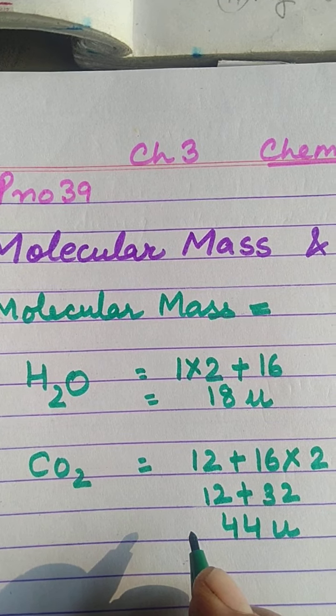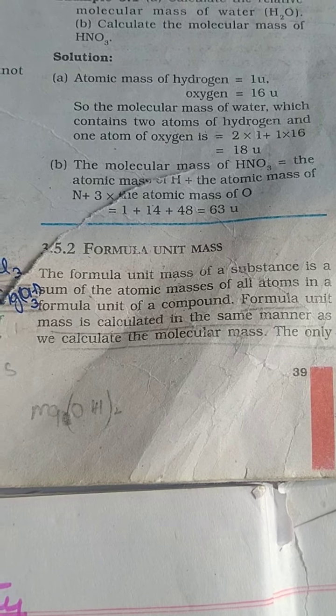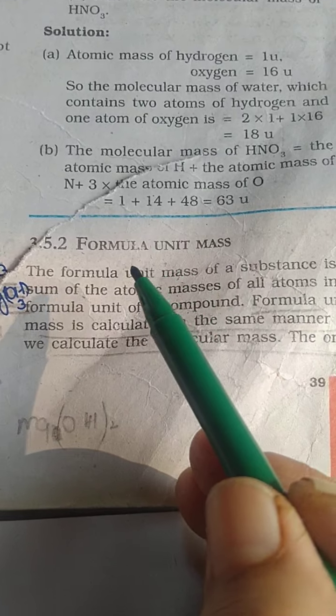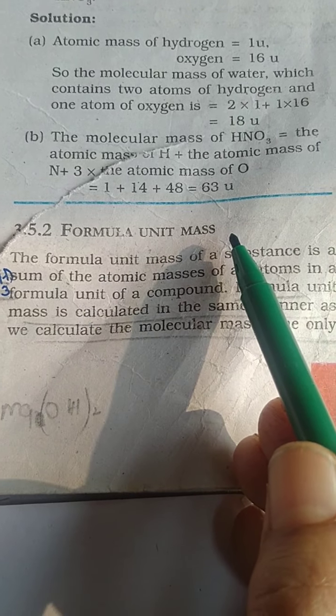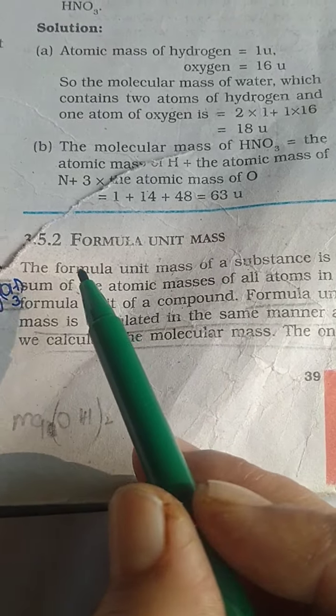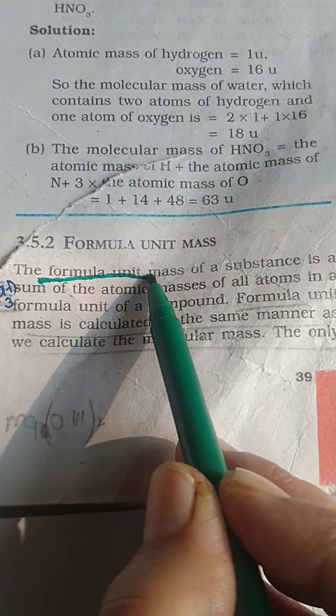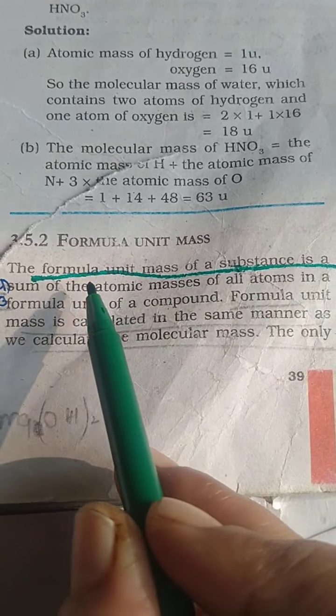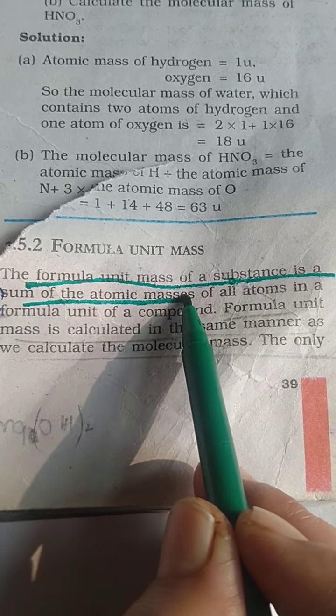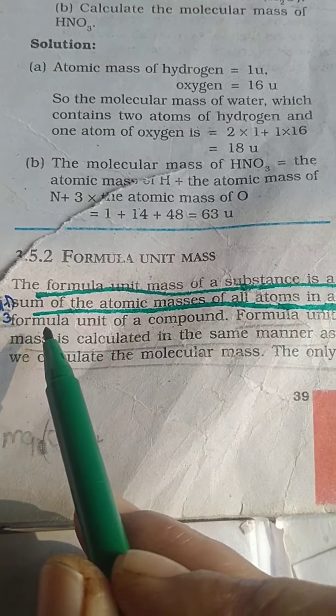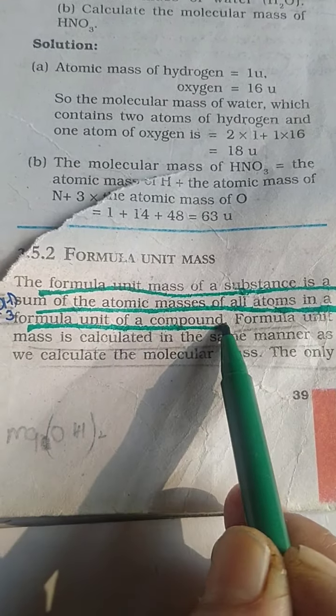The second concept is formula unit mass. How to calculate formula unit mass. Right? The definition is given here, student. The formula unit mass of a substance is the sum of the atomic masses of all atoms in a formula unit of a compound.